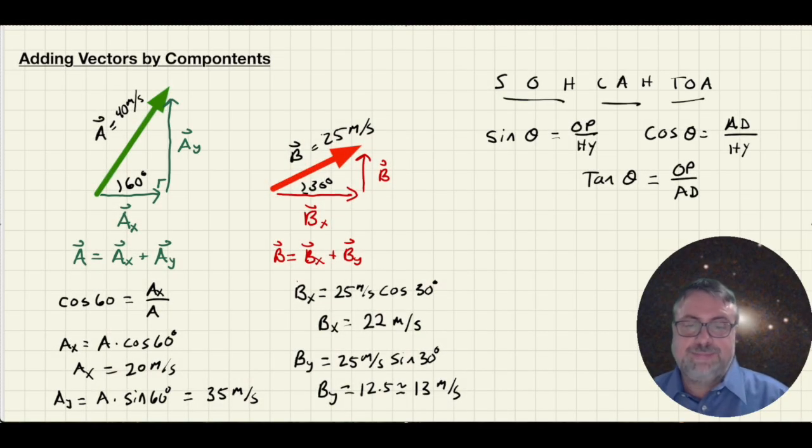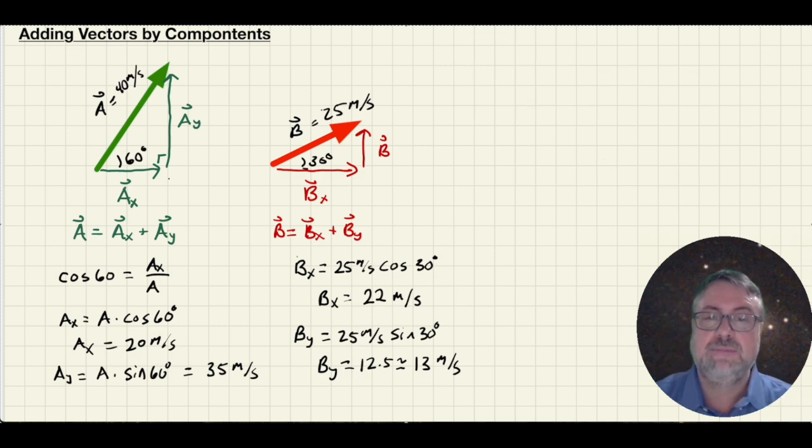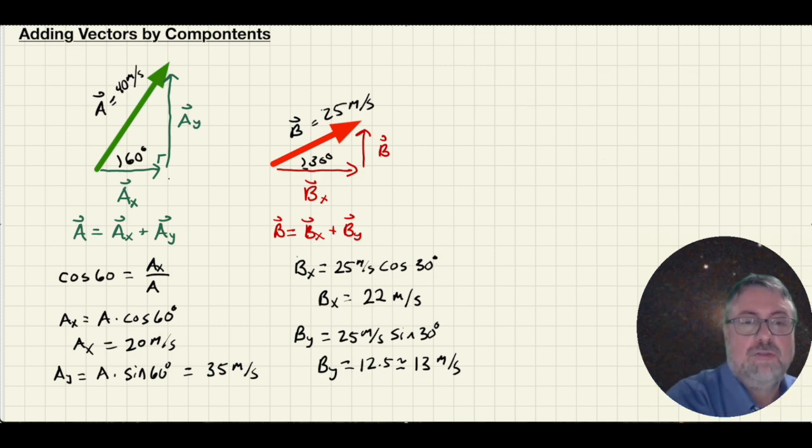All right, well, why did I go through this trouble? Well, if I wanted to add vectors A to B, there should be no difference between adding vectors A and B and adding the parts of vector A to the parts of vector B. So I'm going to clear some space, and let's first remind ourselves what A and B would be graphically.